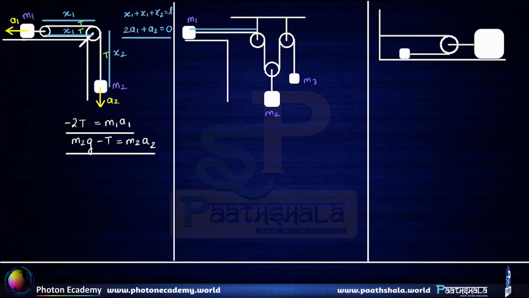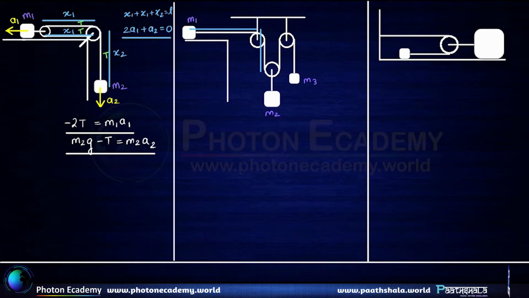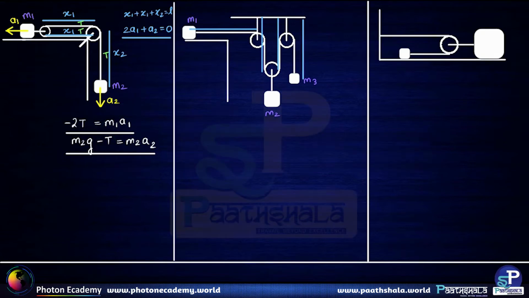This is the distance x2. Let me take x2 from the rigid support. This is the distance x2. This also happens to be the distance x2, and this is the distance x3.